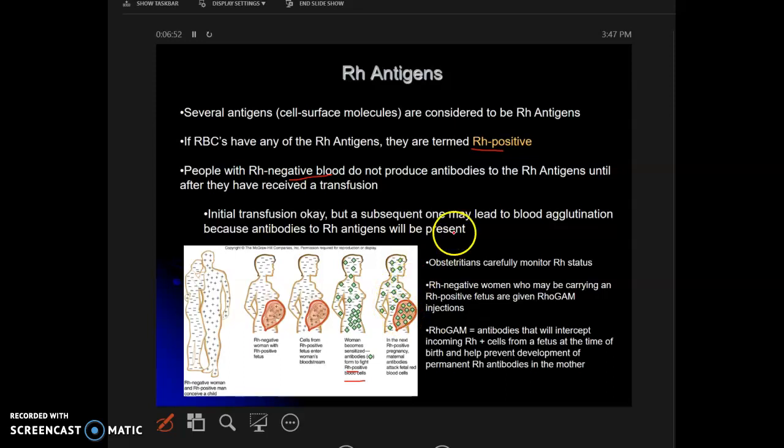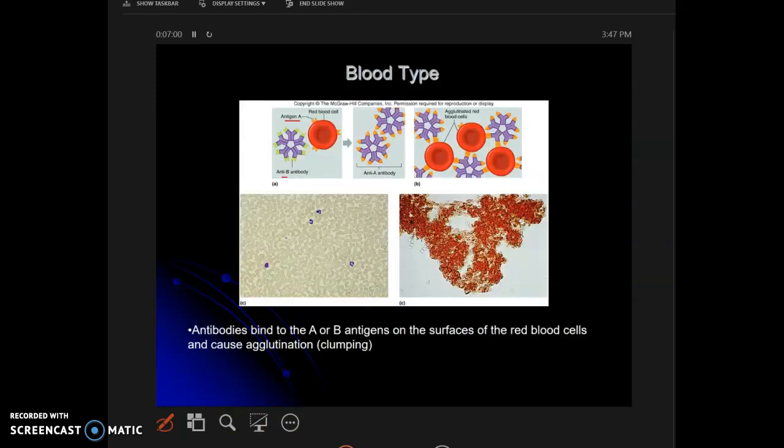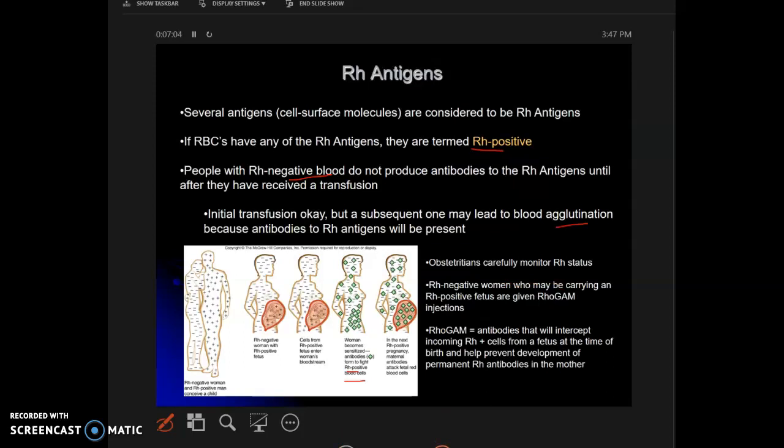So here, the initial transfusion is okay, but later on it leads to what? Blood agglutination, clumping. I showed you clumping, right? This one. And it will lead to a miscarriage, or the baby is going to be born with a huge number of issues.